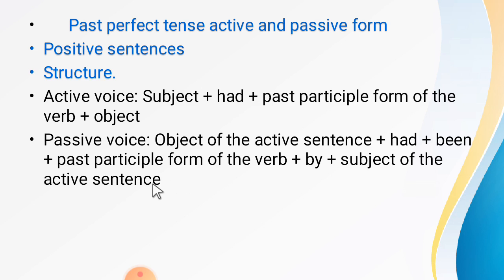As I have already told you, we put the helping verb of the upcoming tense in our present tense. Here we put been, which is actually the helping verb of past perfect continuous tense, but it is for rules we put here.